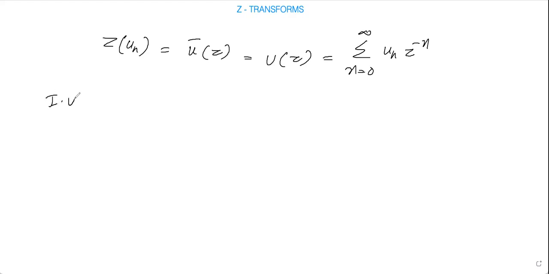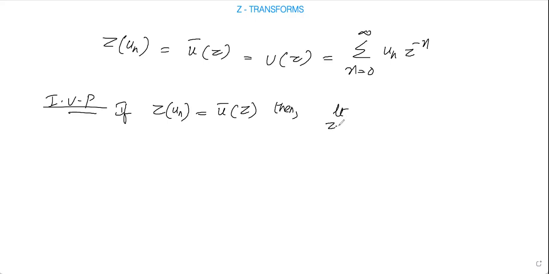Initial value property: if Z of un is equal to U bar of Z, then limit Z tends to infinity, U bar of Z is equal to U naught.